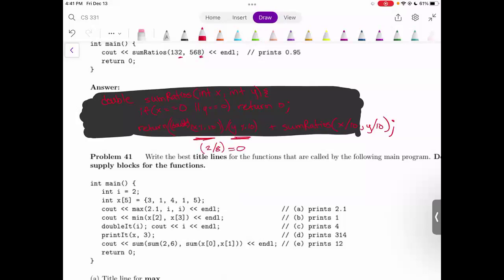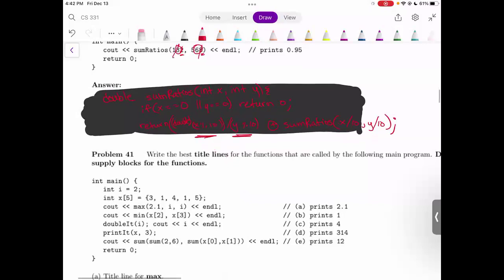And instead of getting 0, we get a decimal now because we typecasted it as a double. And then we get rid of them. And we do the same thing with 3 and 6, and we add that to whatever it is. And then 1 and 5, and add that to whatever the total is.